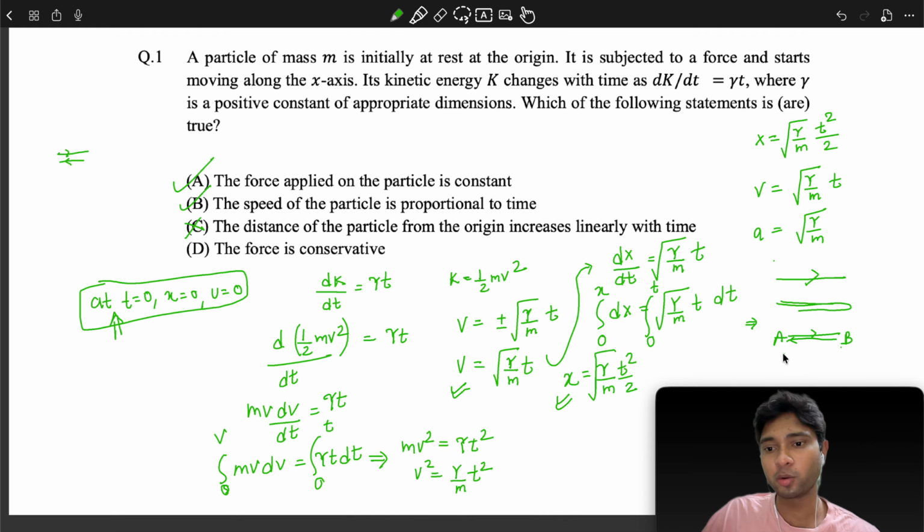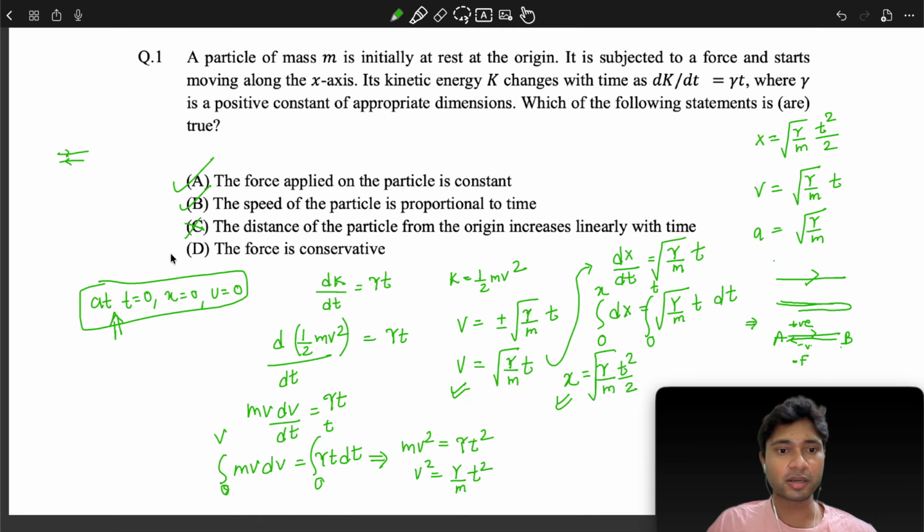While coming from B to A, the work done will be negative because the force is in the negative direction. So the total work done will be zero. Positive along A to B and exactly the same negative along B to A, because throughout the motion the force is constant. So a constant force is always conservative because the work done along a closed path will be zero.